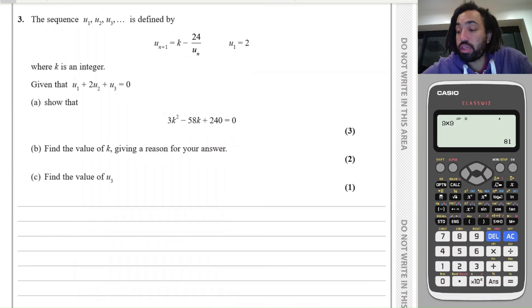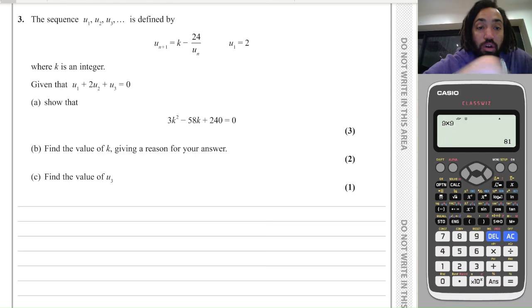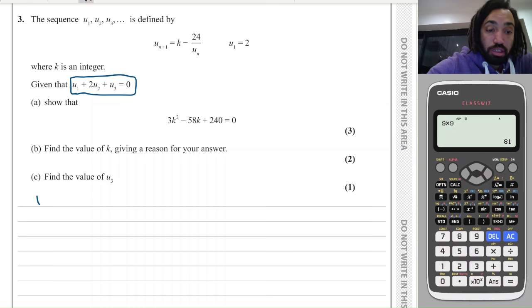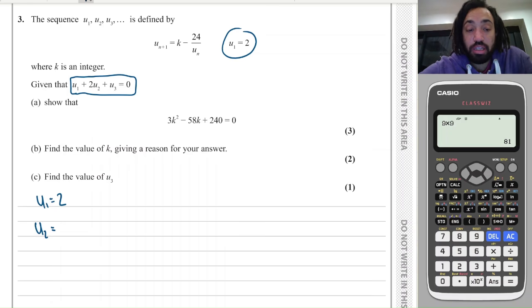Right, question 3, we've got a sequence and we need to show this particular quadratic is formed when we need to add the first, second and third terms. So let's first find u1. Well, that's nice and easy, that's given to us, it's 2. And then u2, other than being a fantastic Irish band, is found by subbing in u1 into this equation.